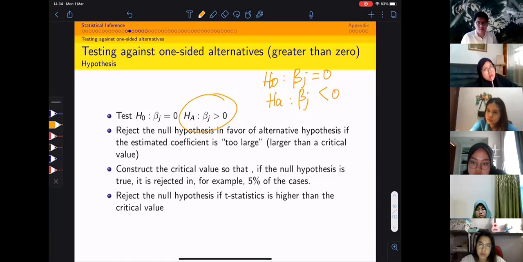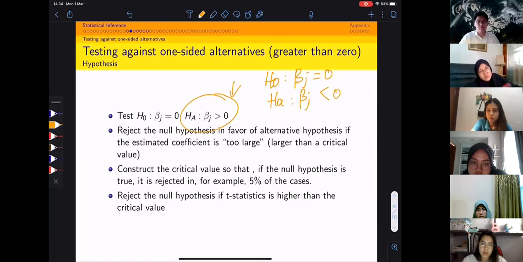The idea is that we reject the null hypothesis in favor of the alternative hypothesis if the estimated coefficient is too large, larger than a critical value. In the left tail case, we reject the null hypothesis in favor of the alternative hypothesis if the estimated coefficient is too small, smaller than a critical value.